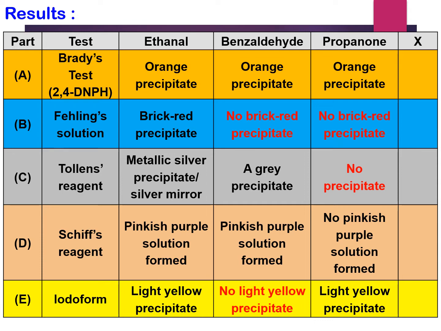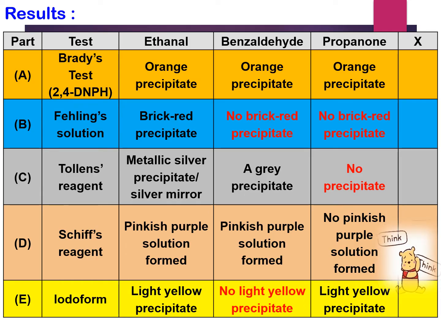For part B test, which is Fehling's solution, there is a brick red precipitate for the ethanol, while no brick red precipitate for benzaldehyde and propanol.